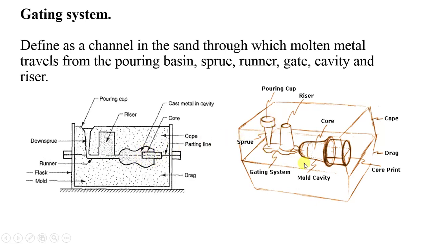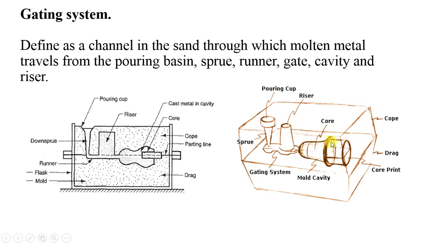Here you can find a 3D figure where you can pour your molten metal through this pouring basin, then sprue, then this is a sprue base, then this is a runner, then further the riser will be filled. Then once the riser gets filled, it will pass through the gate, and through the in-gate it will pass into this cavity.